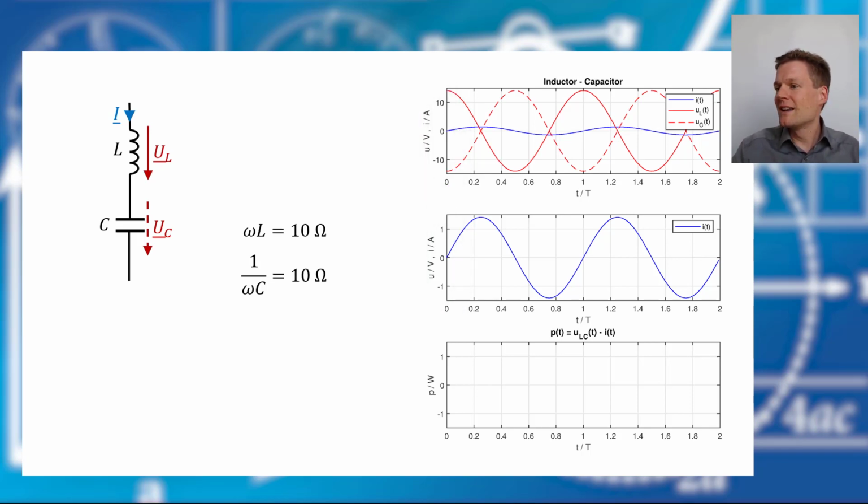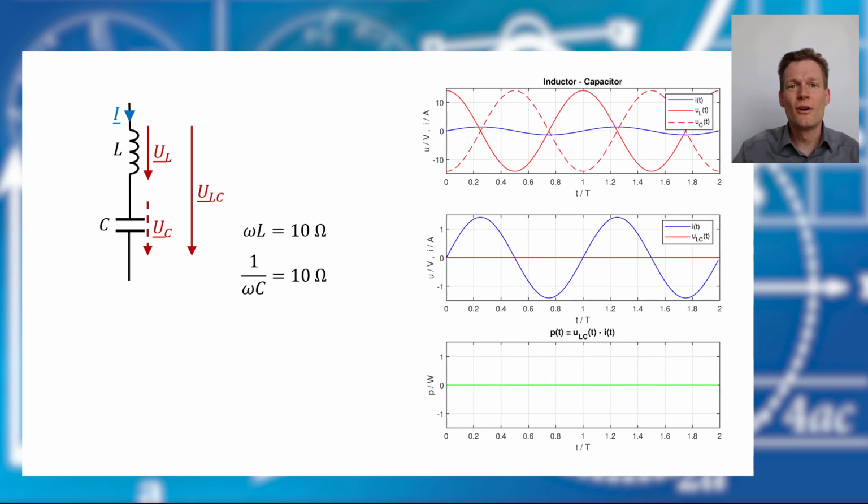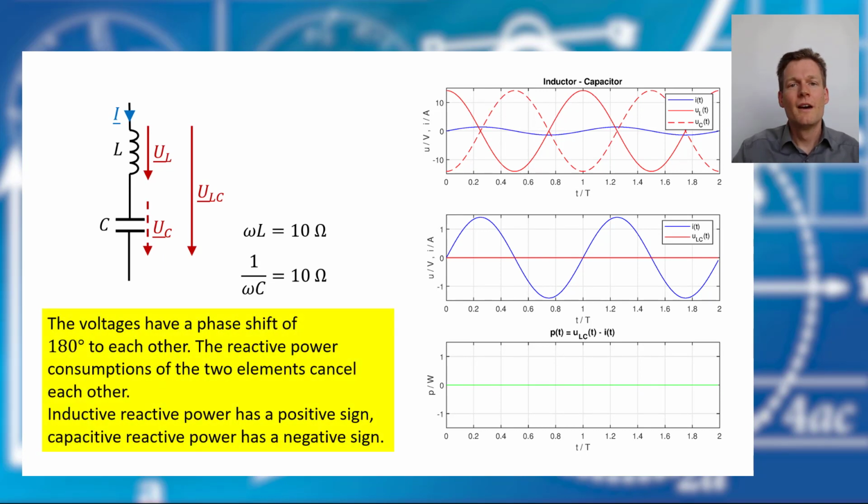And if we now add our two voltages, this leads to a total voltage of 0 for these two elements with the same impedance. And that means that the power consumption of our circuit here is 0 all the time. And this is because the two voltages cancel each other out.